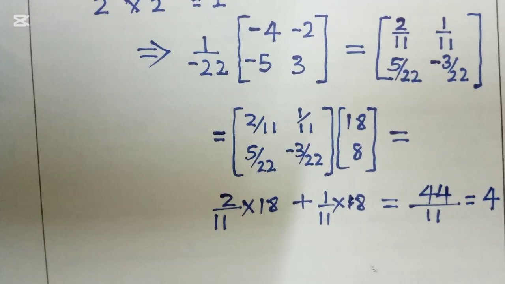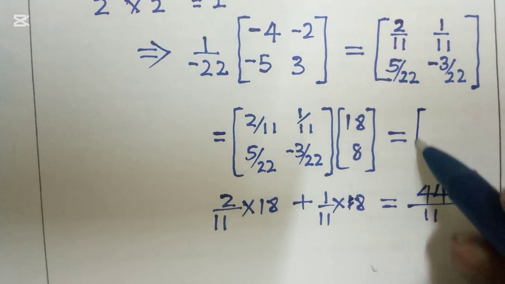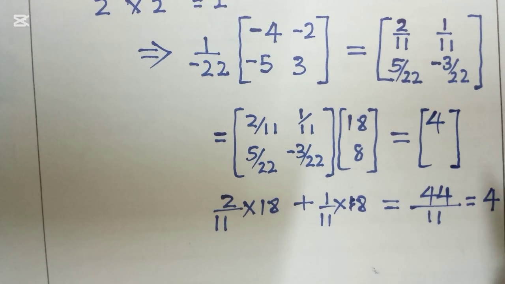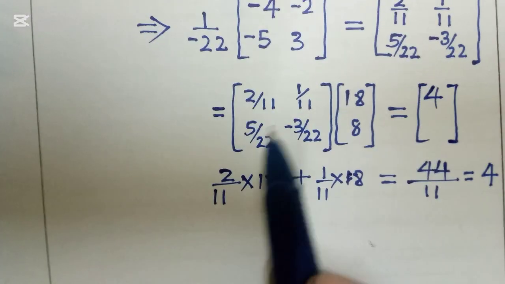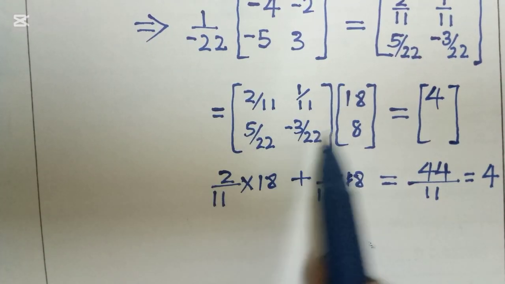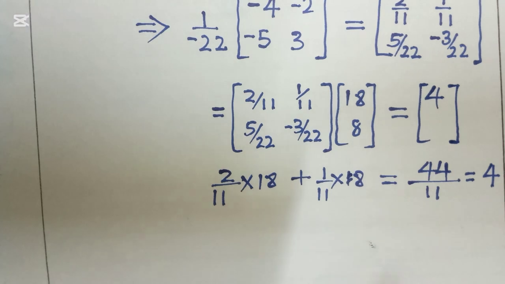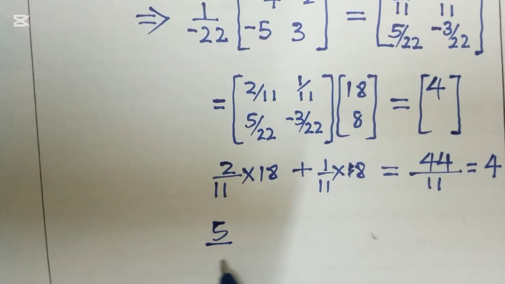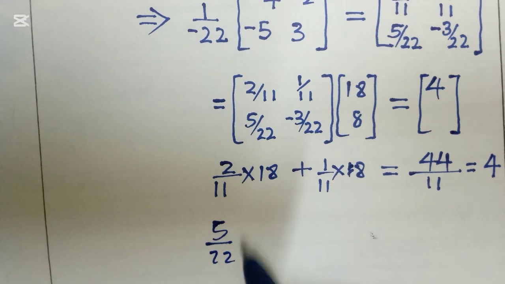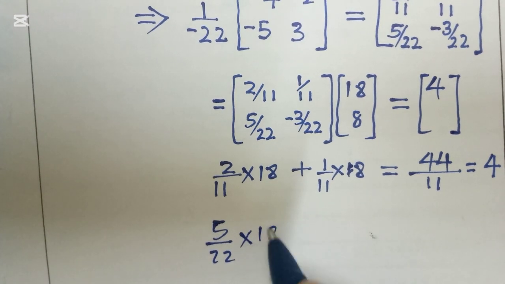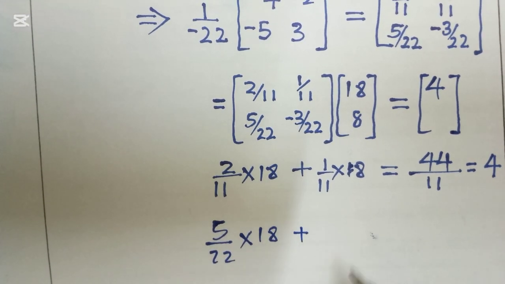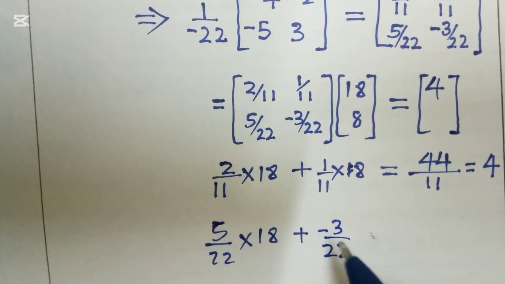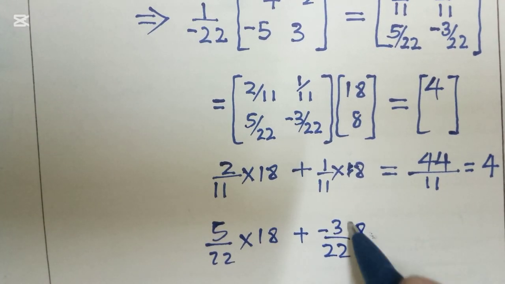Coming now to y, this is 4, which represents the x. Coming to y, we shall multiply this row and this column. So that is going to be 5 over 22 multiplied by 18, plus negative 3 over 22 multiplied by 8.